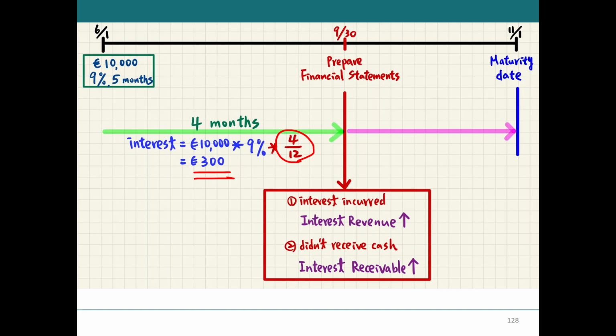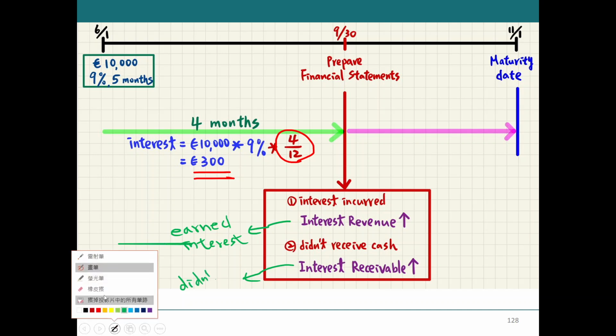No. So they owe you interest, so I have interest receivable increase $300, 应收利息. You earned the interest, but you didn't get it, they owe you interest.